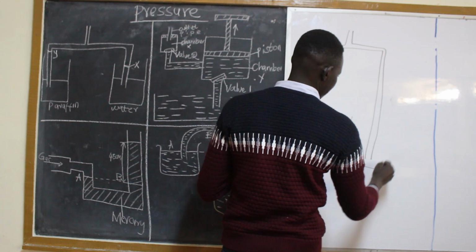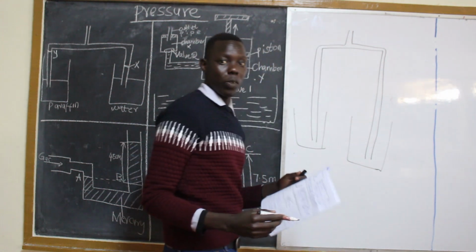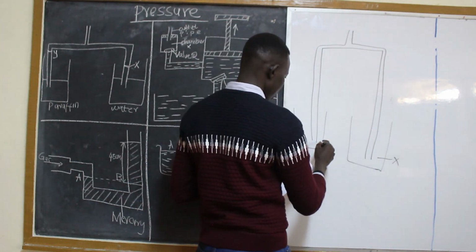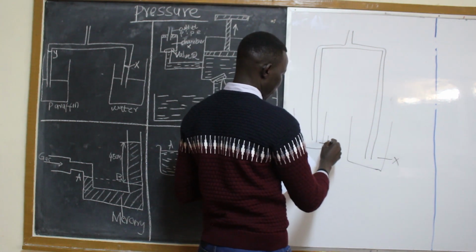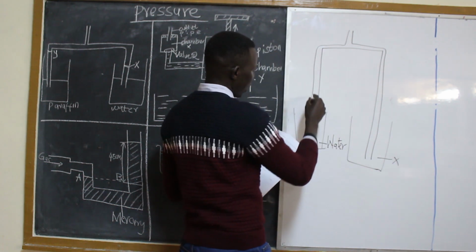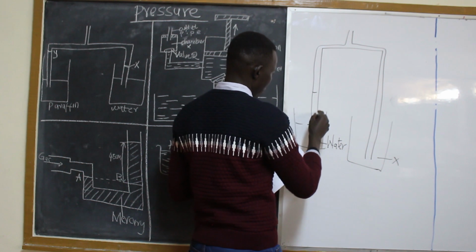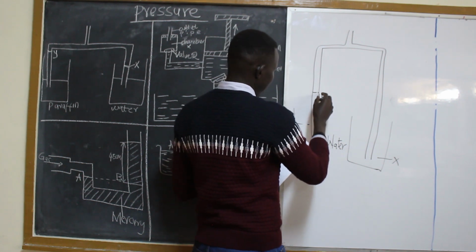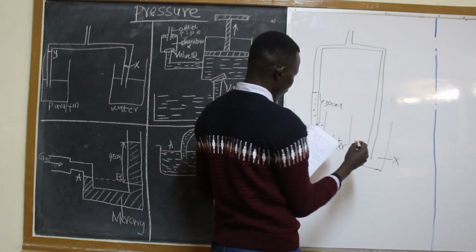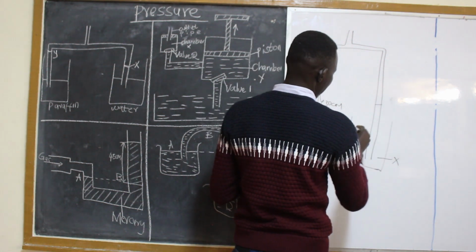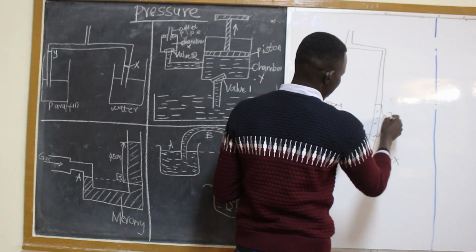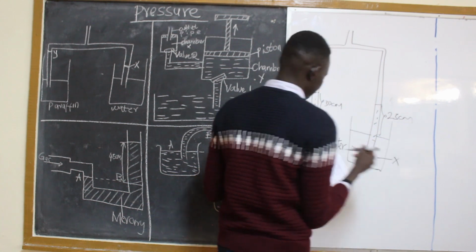We have two liquids. We have liquid X. Then we have water. The level of water is 30 centimeters, and the level of liquid X is 25 centimeters.